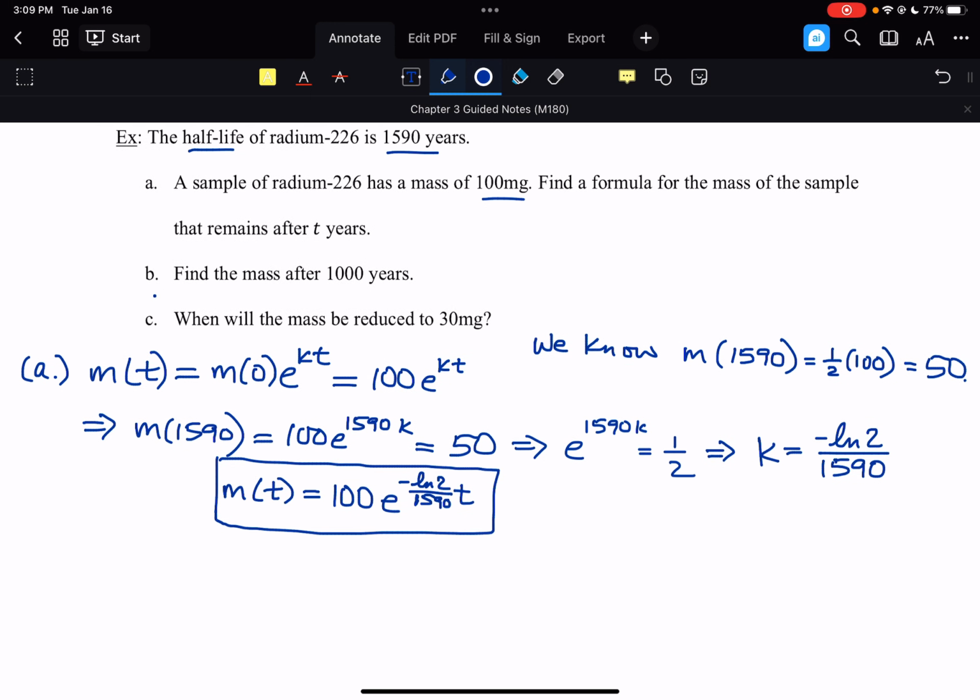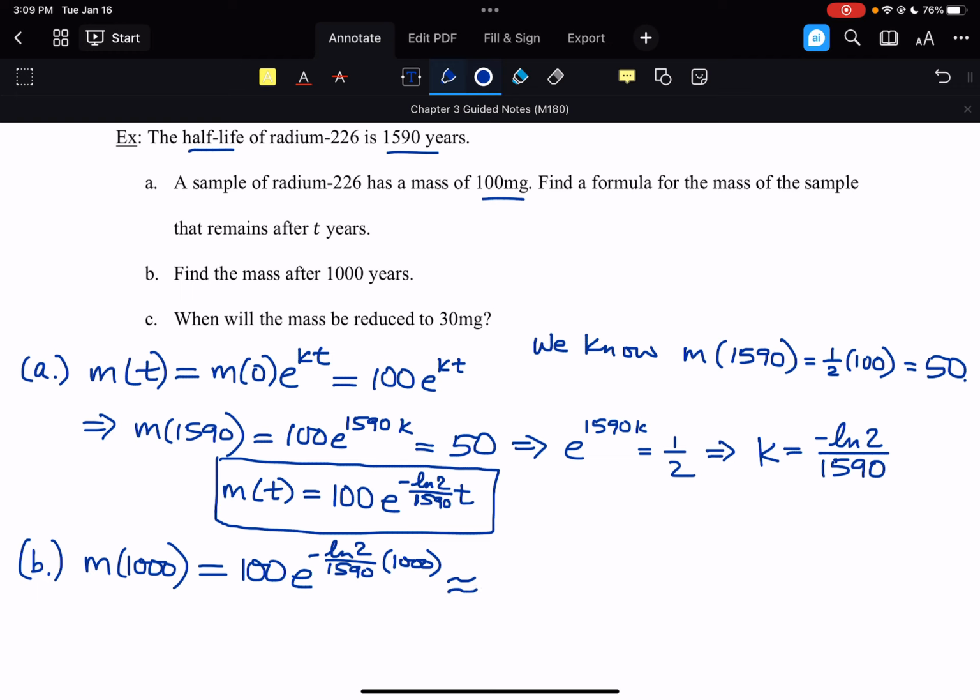So for part B, find the mass after 1,000 years. So after 1,000 years, we're looking at t equals 1,000. Now, we know that the half-life is 1590, and this is less than that amount of time, so it should still have more than 50 milligrams left, just as a nice mental check. So we get 100 e to the negative ln of 2 over 1590 times 1,000.